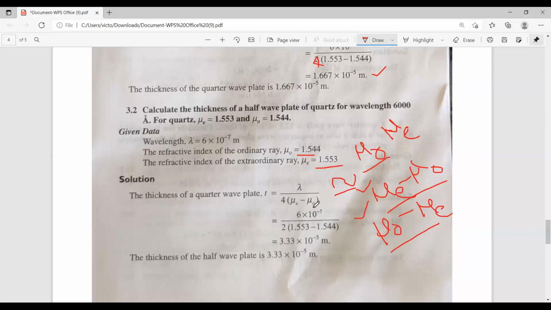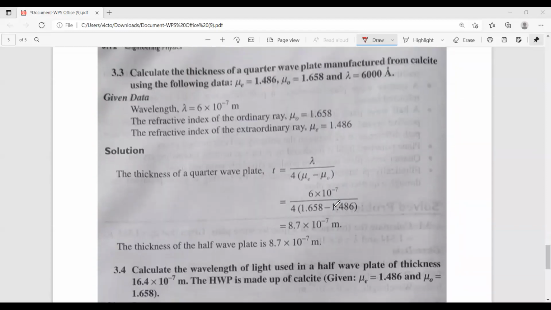Then by substituting these all values in this expression, we get the thickness of the half wave plate is 3.33 into 10 power minus 5 meters. Okay, next problem.